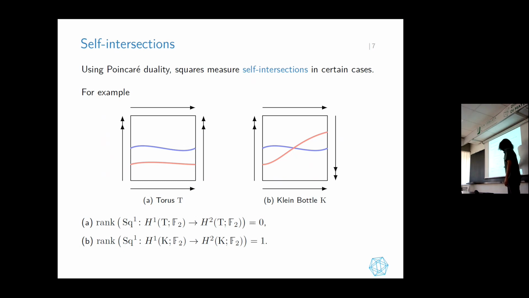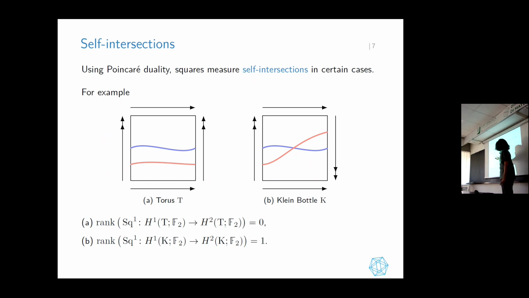The rank of Sq1 for the torus is 0. The rank of Sq1 for the Klein bottle is 1. But what is this 0 and 1 measuring? In this case, the explanation can be quite geometric. It's measuring the self-intersection of the homology class represented by this blue line. So how do you compute self-intersections?